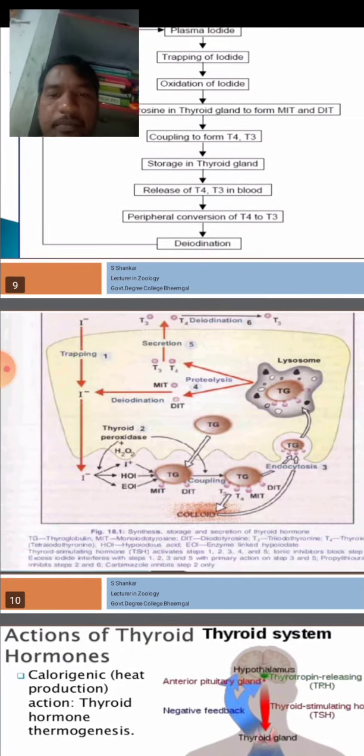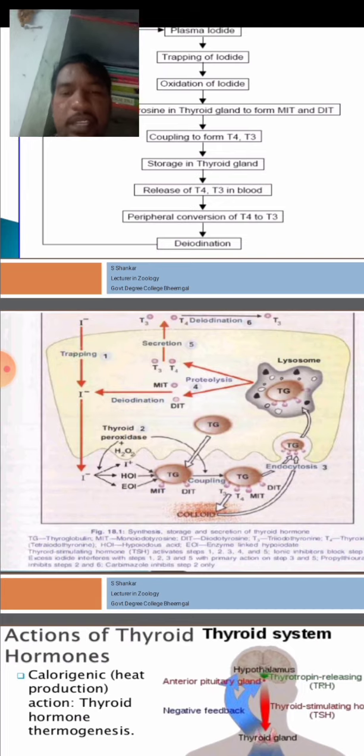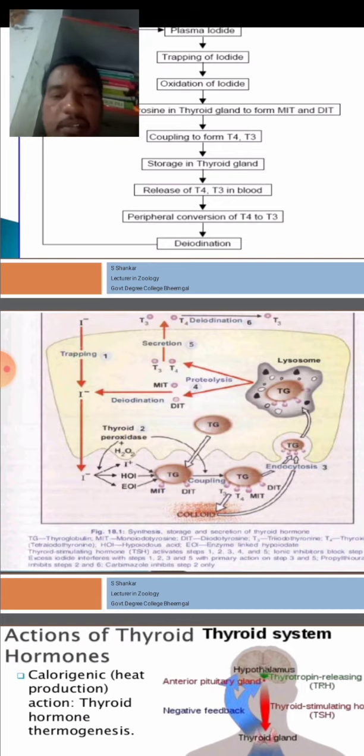This is deiodination. First is trapping, second is thyroid peroxidase, and next is coupling of monoiodotyrosine and diiodotyrosine on thyroglobulin, releasing T3 and T4.